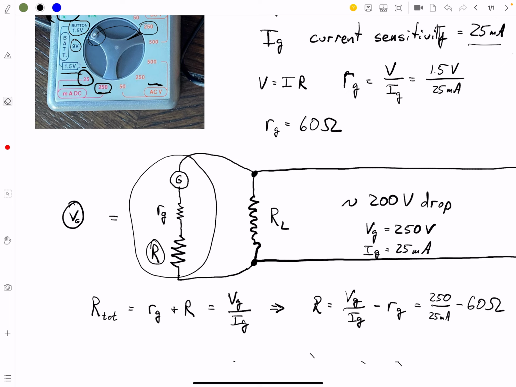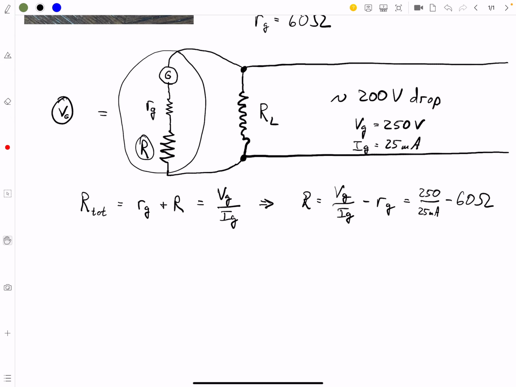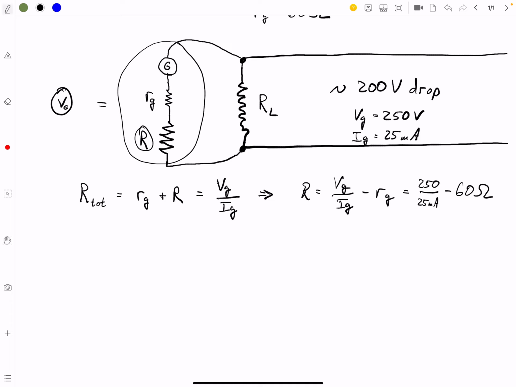What is R? You guys probably have already done it by now. At any rate, it's 9,940 ohms.